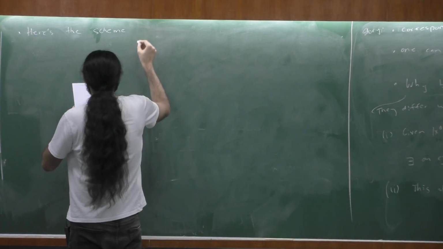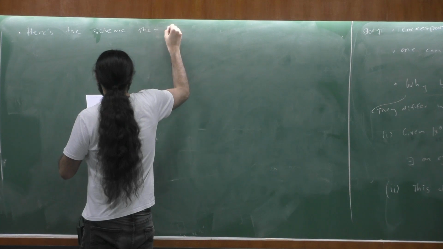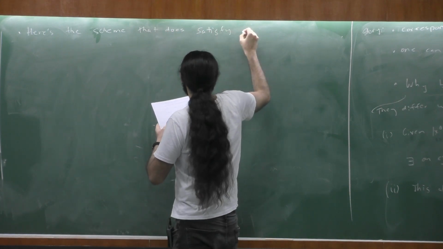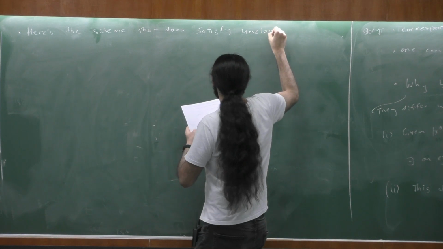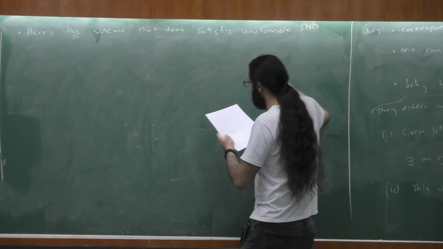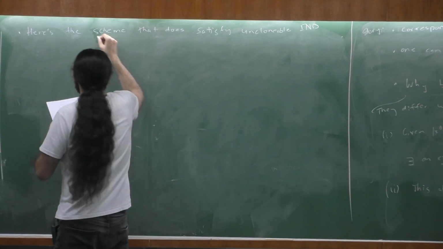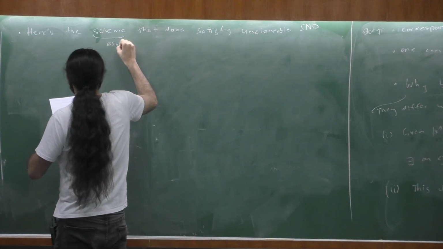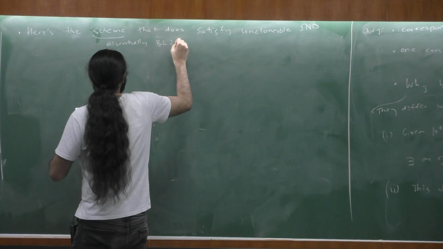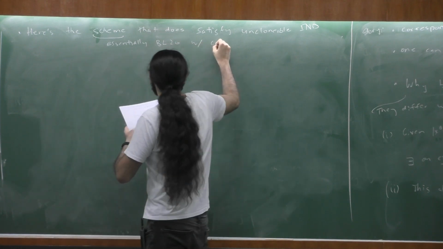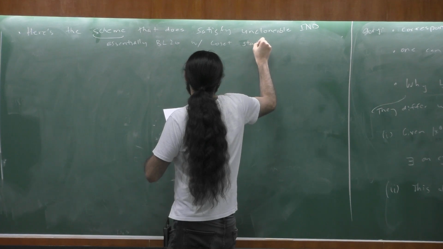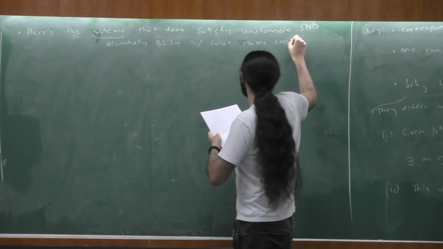Okay, so here's the scheme that does satisfy unclonable indistinguishability. And what is the scheme? This is essentially the same scheme that we had in BL20 with coset states instead. Right?